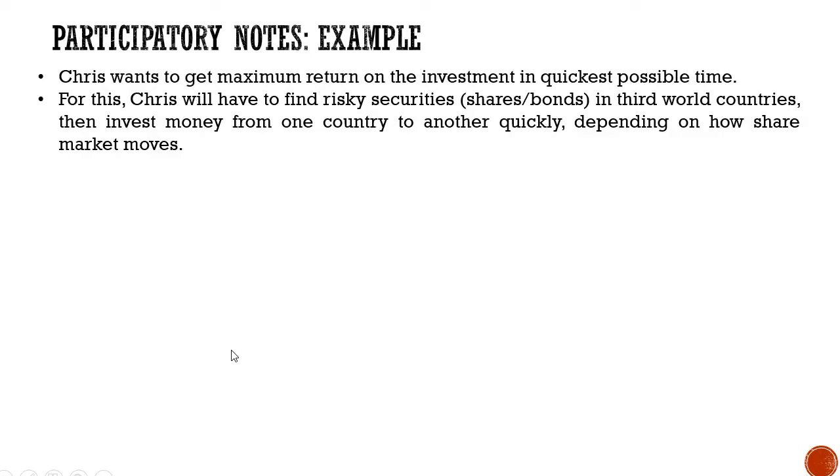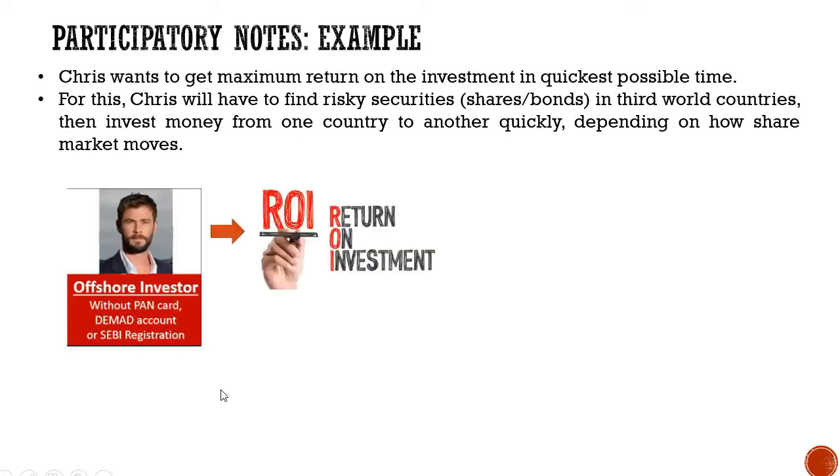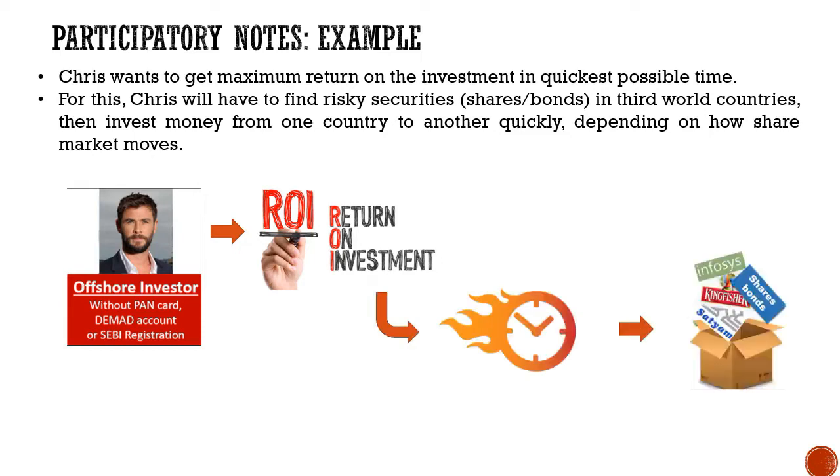Now, let us take an example to understand participatory notes. Let's say Chris wants to get maximum return on the investment in the quickest possible time. For this, Chris will have to find risky securities. Securities can be in the form of shares or bonds in third world countries, then invest the money from one country to another quickly depending on how the market moves.